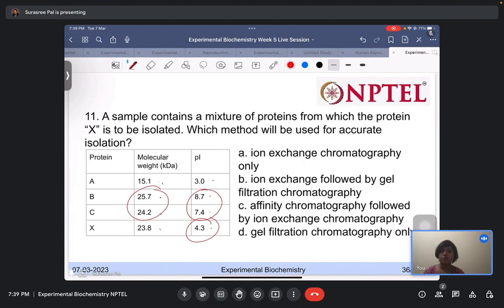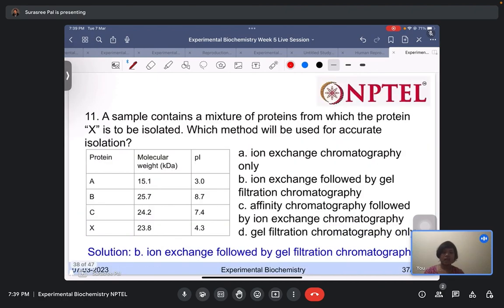Now we have to use a second method as well here. So what we do is we use ion exchange followed by gel filtration chromatography. So we use 2 chromatographic methods because we need to separate the proteins based on their molecular weight as well as their pI. So that will ensure a better separation. So therefore we will use ion exchange followed by gel filtration chromatography.